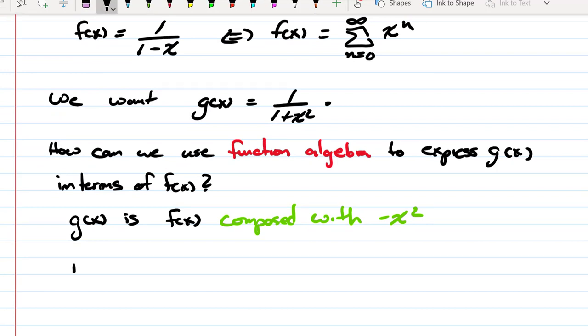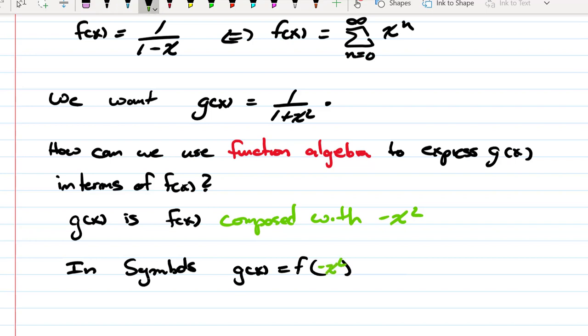So in symbols, g of x is equal to f evaluated at negative x squared.